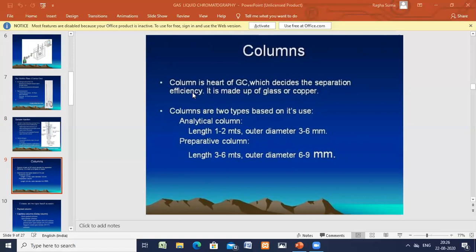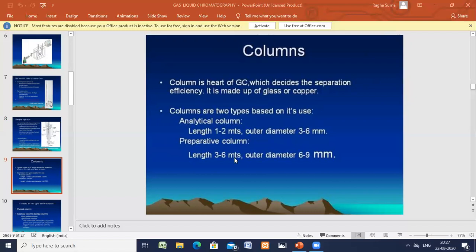So it decides the separation efficiency. The column is made of glass or copper. Columns are again of two types based on their uses: analytical and preparative. For the analytical column, the length is 1 to 2 meters, generally long for better separation, and the outer diameter is 3 to 6 millimeters.